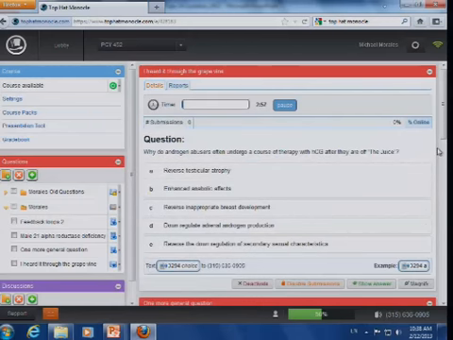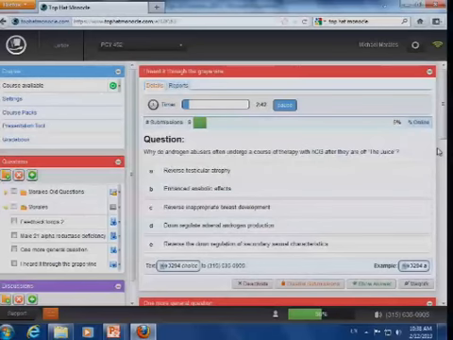Okay, so why do androgen abusers often undergo a course of therapy with HCG after they are off the androgens? Yes, that's what they refer to it as, at least that's what they used to refer to it as, the juice.